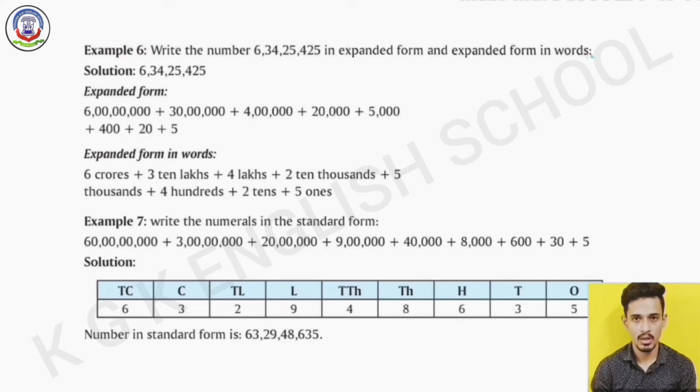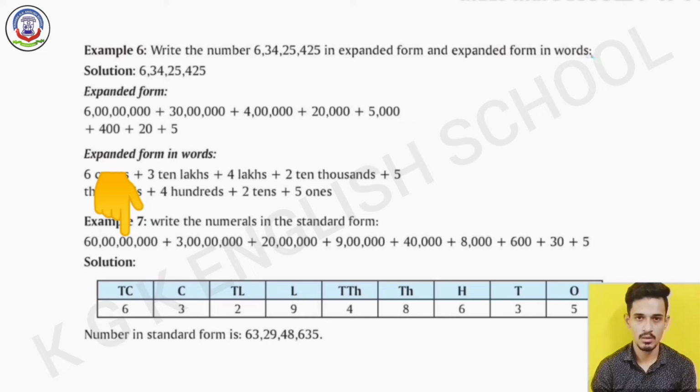So we can see here we make a place value chart and put numbers according to places. So we have places: ones, tens, hundred, thousand, 10,000, lakh, 10 lakh, crore, 10 crore. So we will write numbers according to their places.